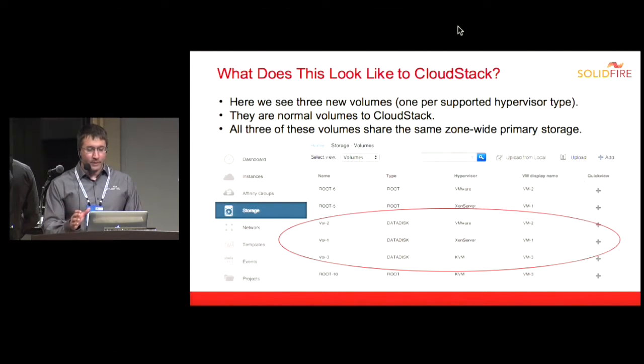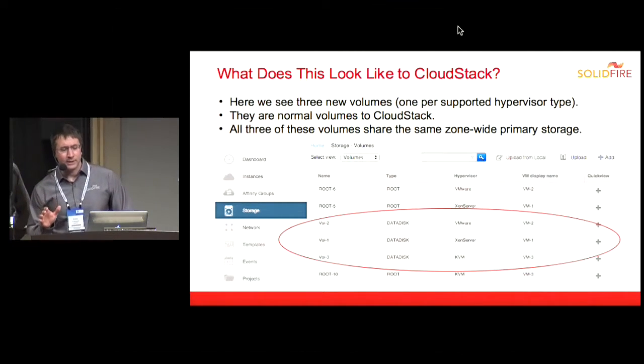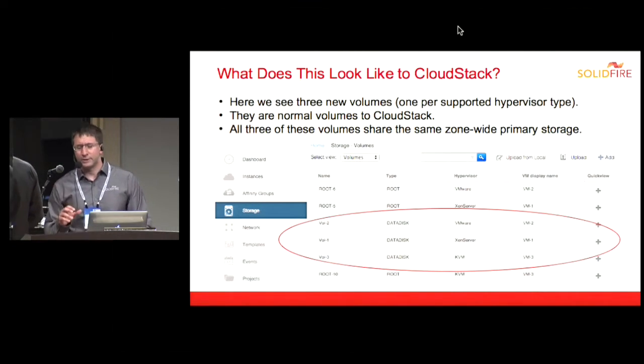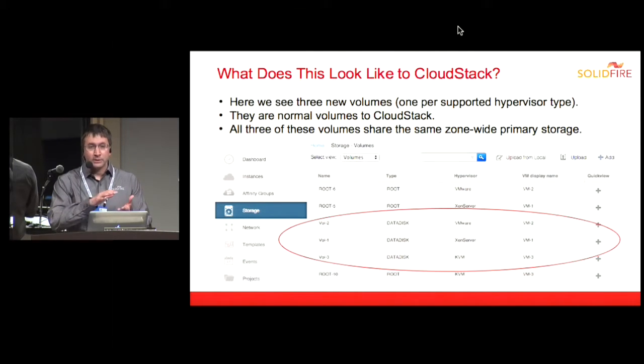Now, Tim kind of alluded to something like this in his presentation about conversions and things like that. You are restricted to, once you've attached your volume to a VM for the first time, it's fixed on that particular hypervisor type.